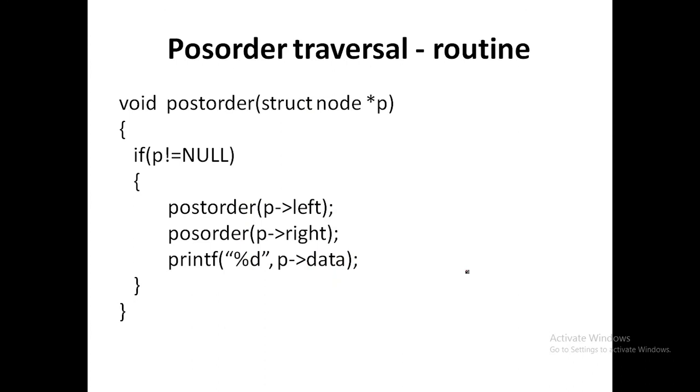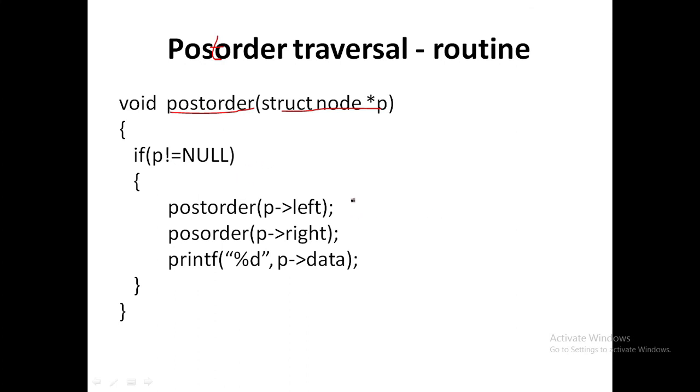So the routine of post-order traversal: this is a function postorder that has an argument P, as long as the tree value is not equal to null.